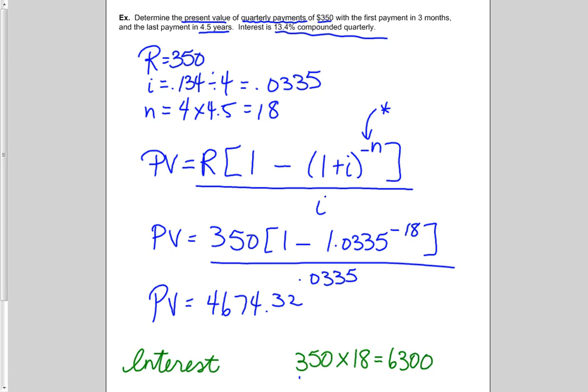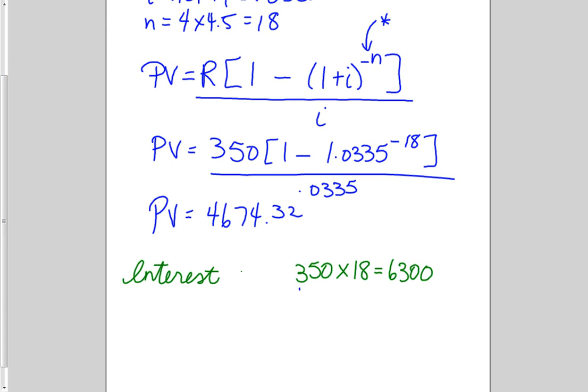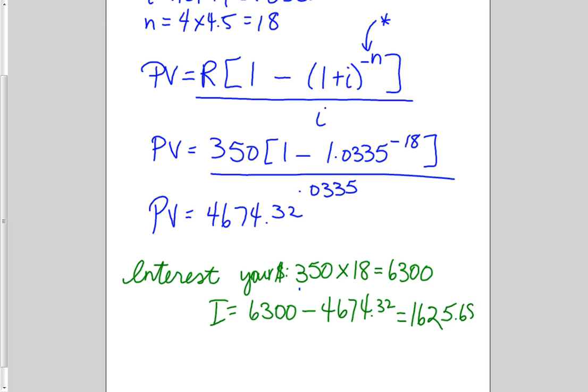You're actually investing 4,674, so you've made some interest. So you took $6,300 from the bank where you only invested 4674.32 yourself, so the interest is $1,625.68.